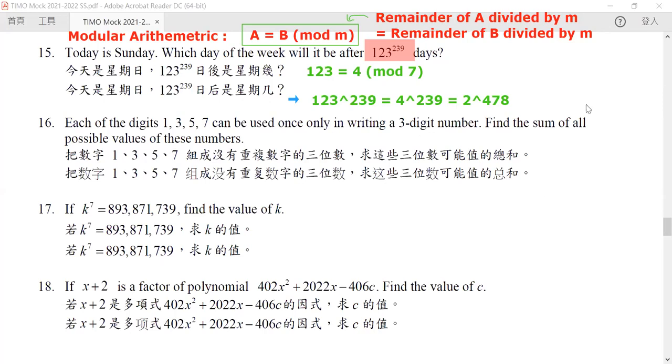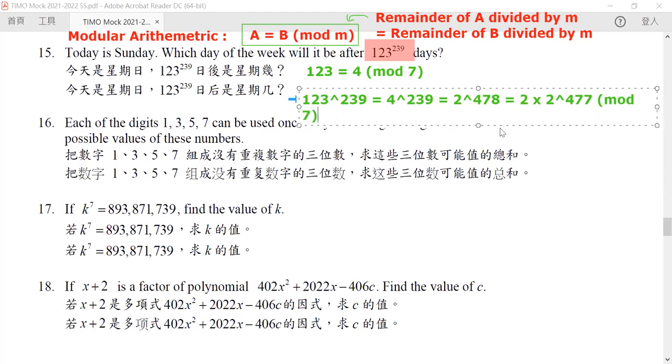After this, we would like to rewrite this latter part as 2 times 2 to the power of 477. Again, don't forget that this is when we are considering division by 7.